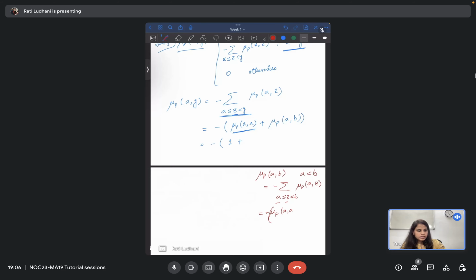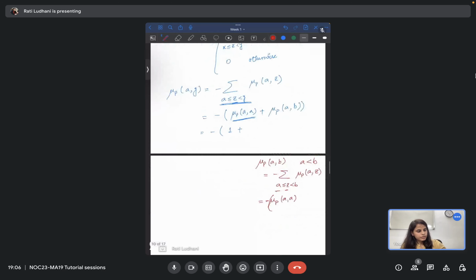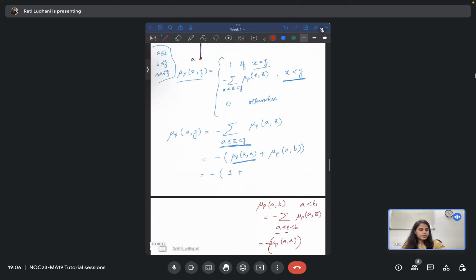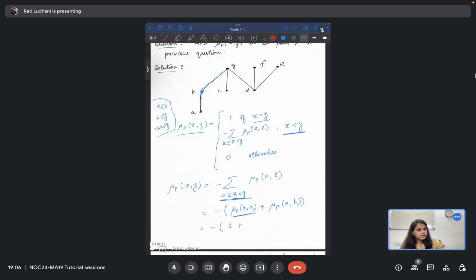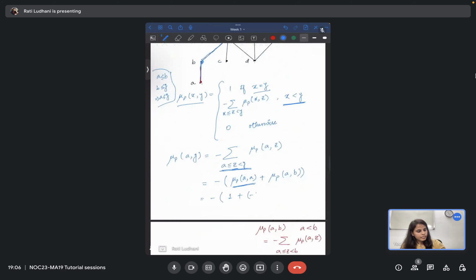Can you take anything else? No, because b covers a, so there is nothing in between. So this is equal to minus 1, because mu P of a comma a is just 1. So mu P of a comma b turns out to be minus 1. Then you will get minus, and this is 0, so you got 0. So that is your answer for this question.